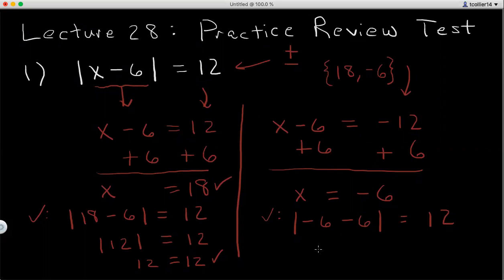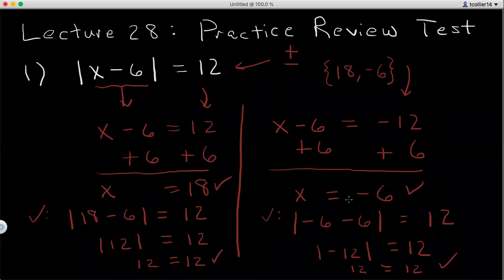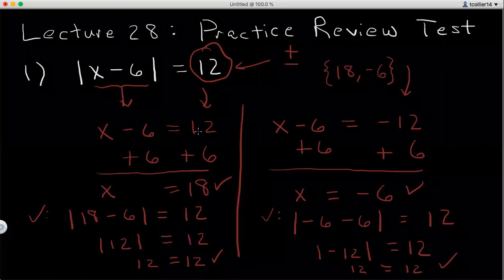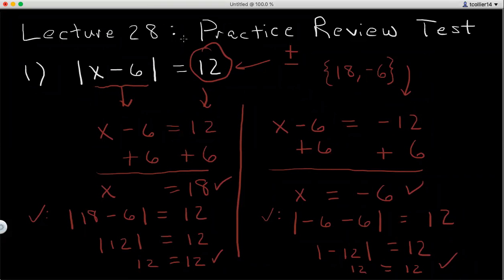I've got the absolute value of negative 12 is equal to 12, so the absolute value of negative 12 is a positive 12. That's 12 equals 12. And there we go, so negative 6 must be inside the solution set. So this is an absolute value equation, and all you're doing is taking the right side of the equation, this 12, and making sure that you make it a positive and a negative number. Okay? So that is number 1.